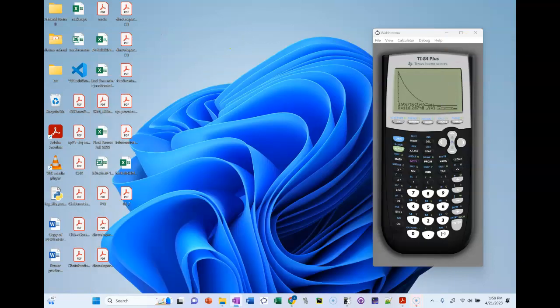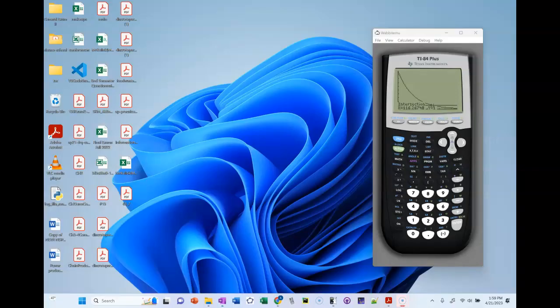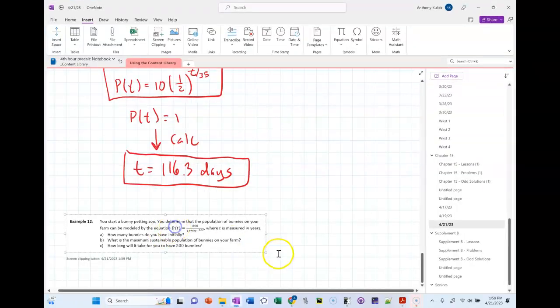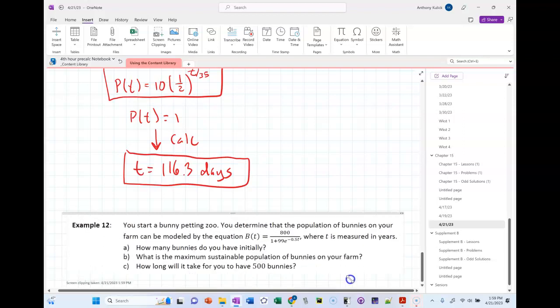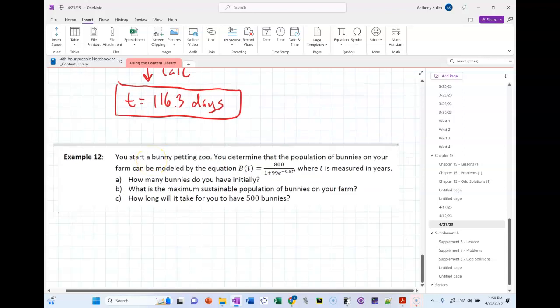There's not a lot of complicated mathematics going on, but you definitely need to know your calculator. You definitely have to know your models and know the vocabulary so you can get this stuff set up. But the process is not long and arduous, right? This is pretty straightforward.